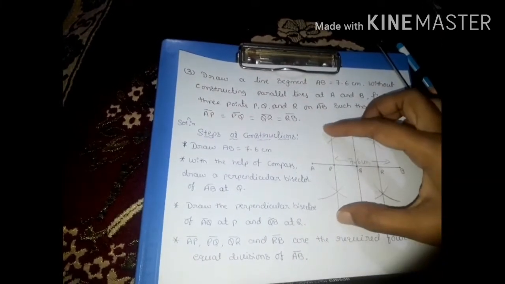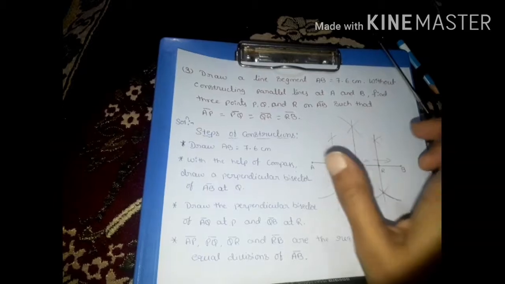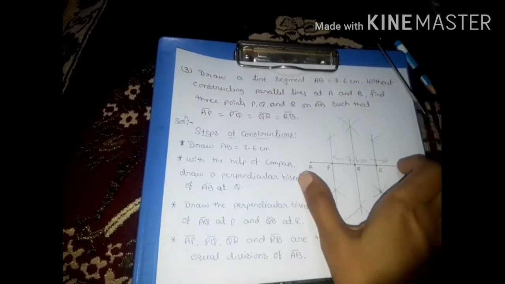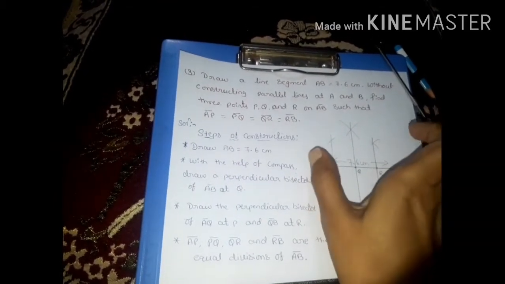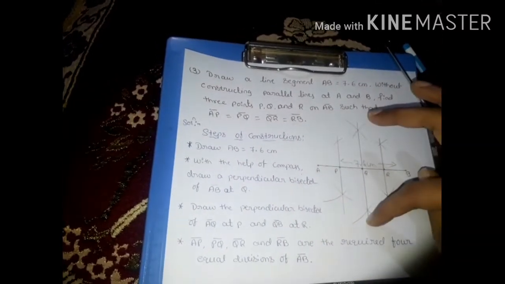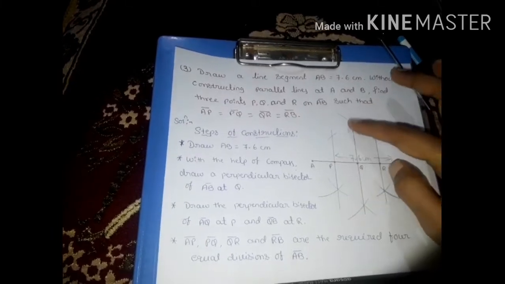How to make this perpendicular bisector? Similarly, as before when you considered AB as a line segment, you took more than half and made arcs above and below, and later you joined.